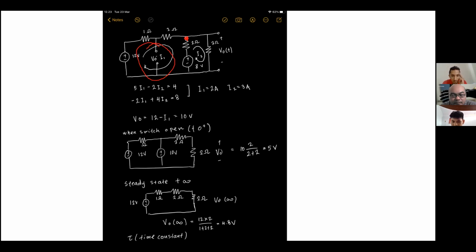When it reaches steady state, the capacitor will not give out any more power, so we can directly dismiss the capacitor here. So the only thing powering the circuit is the 12 volt power source. With the 12 volt power source, we can calculate the voltage in the 2 ohm resistor at time infinity. And the result is 4.8.